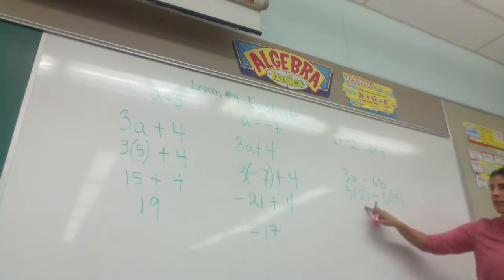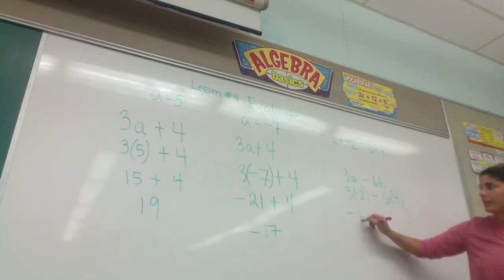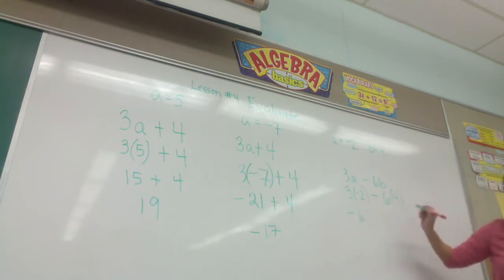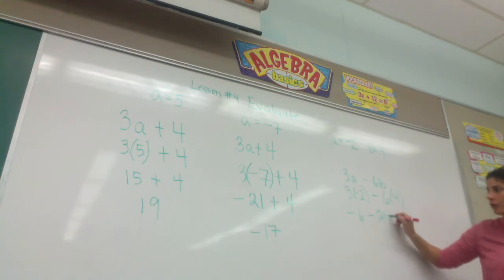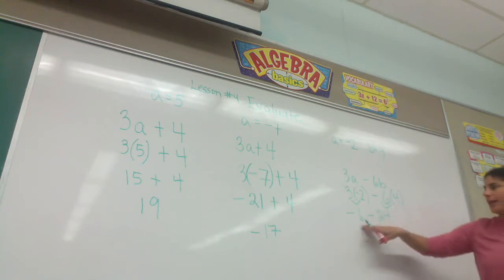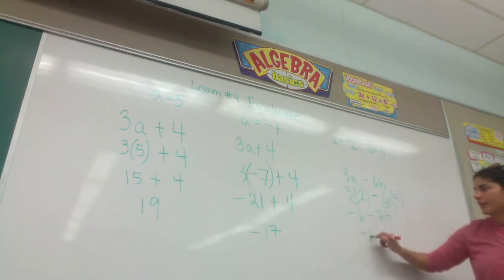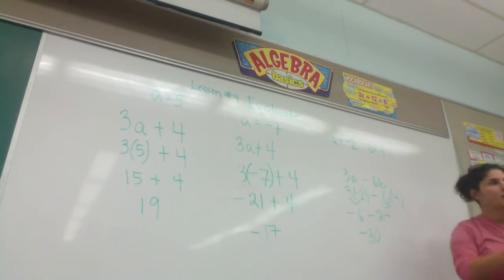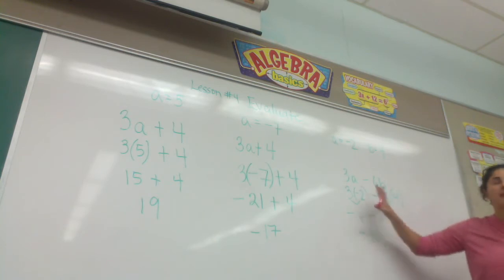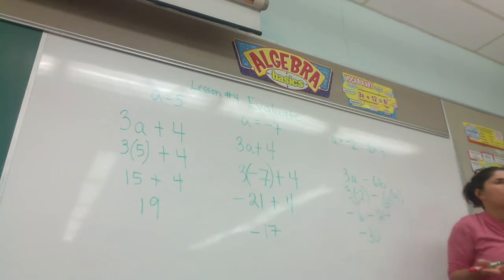3 times -2 is -6. -6 times 4 is -24. So don't forget, I'm just doing integers and order of operations. And -6, -24 is a -30. Don't forget, we have order of operations. Brackets first, there's no brackets. Oh, miss, these are brackets, but there's not really.